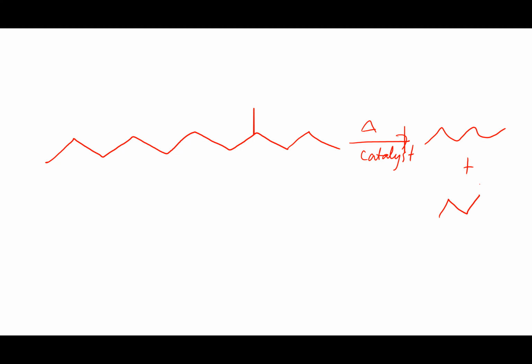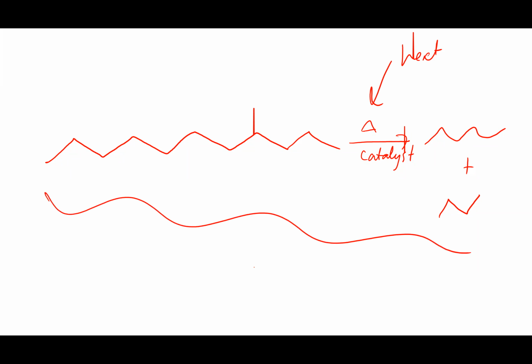I'm not counting carbons. I'm just saying if you take a very long hydrocarbon chain and you add heat and a catalyst, it can break it down into 2 smaller hydrocarbons, or 3 or 4 smaller hydrocarbons. So you don't have to write reactions like this in this course, don't worry. But if I asked you what type of reaction do you think this would be? It's definitely cracking.